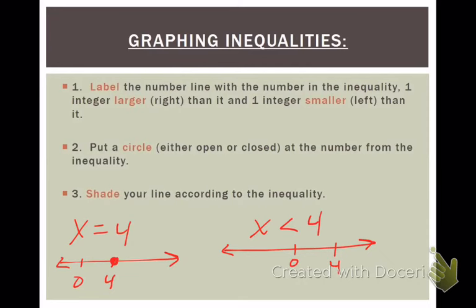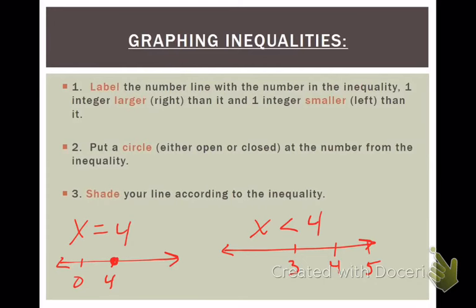Here's 4, and it's to the right of 0. Now, this suggests that you put one integer larger and one integer smaller than the number in the inequality. So we can put a 3 here and a 5 here.